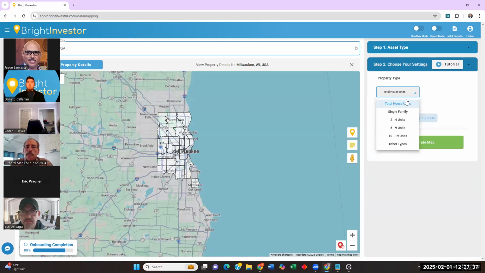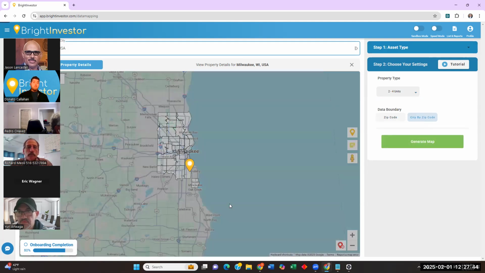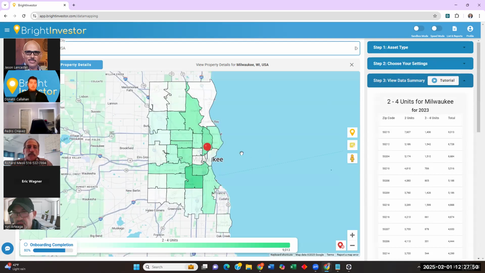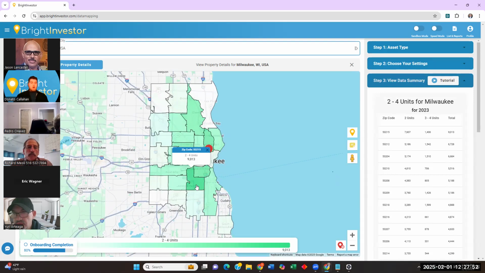So if you want 2 to 4 unit buildings, this is going to search the city of Milwaukee to find where the most 2 to 4 unit buildings are. We'll let that run. The areas with the darkest green have the most 2 to 4 unit buildings. So in Milwaukee, if you want to buy multifamily, that's where you need to be going.